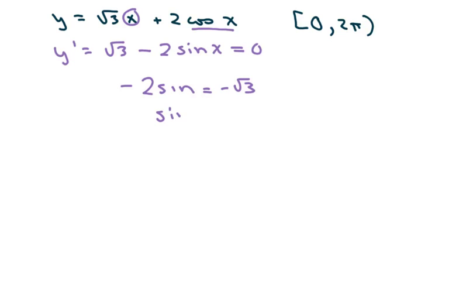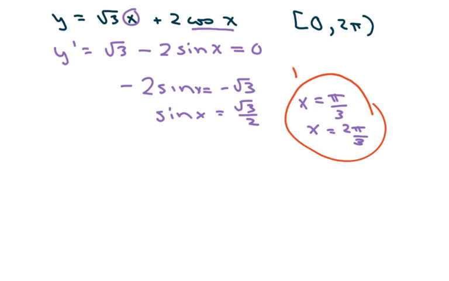So sine of x equals square root of 3 over 2. Now, we have two solutions for that. x could equal pi over 3, or x could equal 2 pi over 3. We plug both of these into our original equation to find y at each.